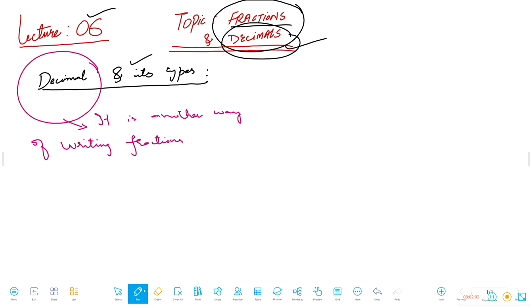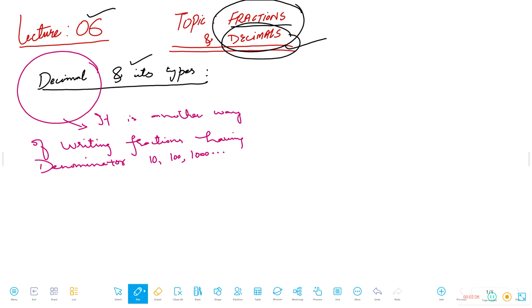Most probably we usually take the fractions having denominator 10, 100, 1000 and so on.